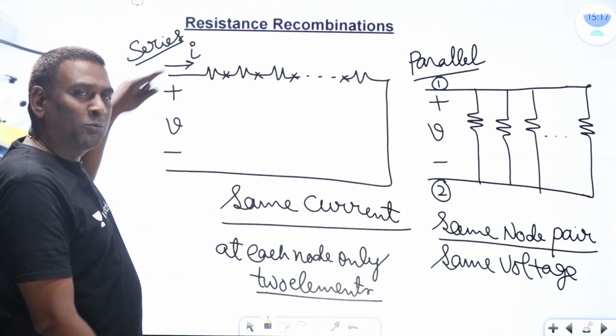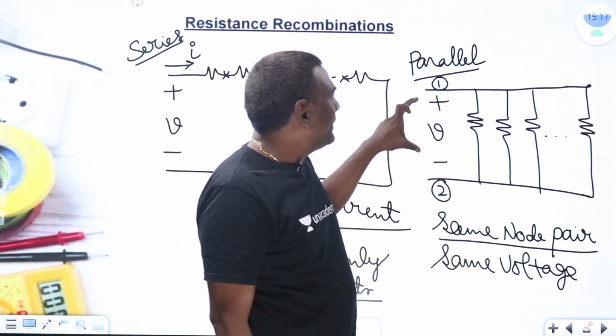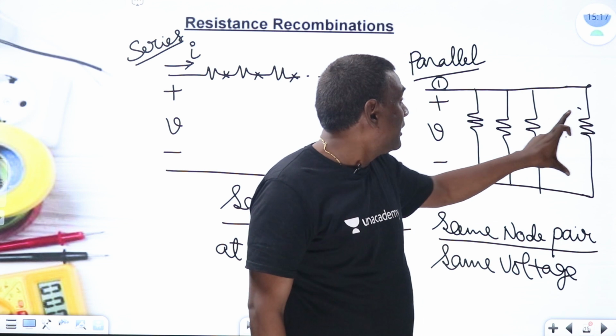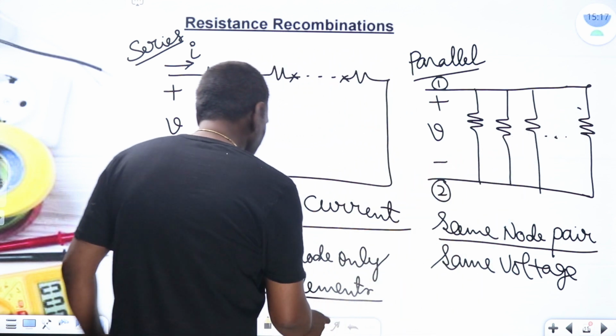Because here also I'm going to connect one voltage source or current source, whatever it may be. In parallel the same voltage should be there, or all elements should be connected to the same node pair. That's it. Now let us see.